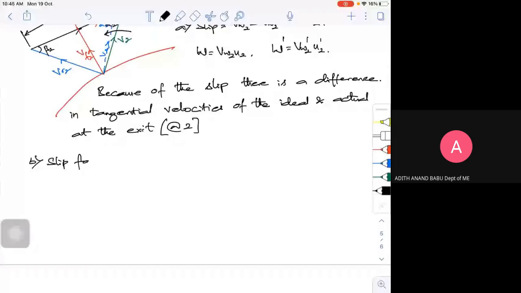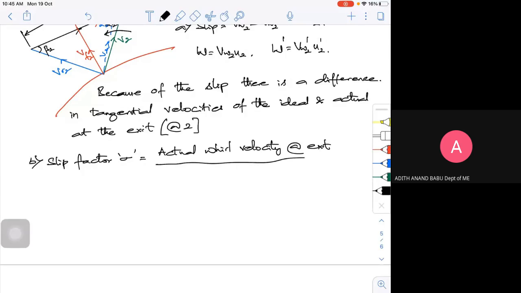So usually we call it sigma, the slip factor. It is the ratio of the actual whirl velocity, or tangential velocity, at the exit of the compressor to the ideal whirl velocity at the exit of the compressor.